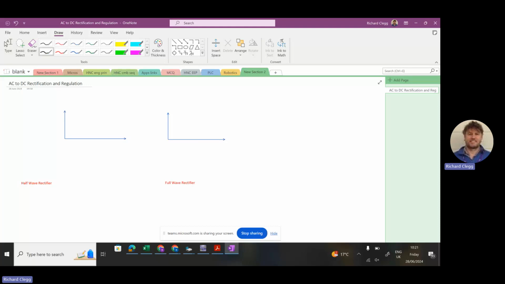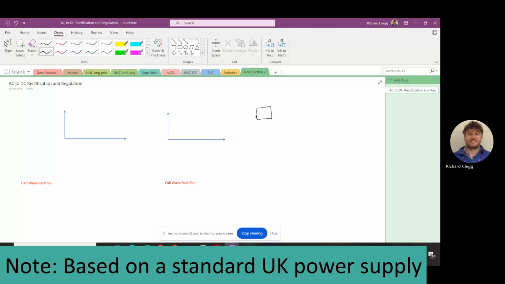Your 3-pin socket, where you plug in your devices, will be 230 volts AC, and that is at a frequency of 50 Hertz in this country.